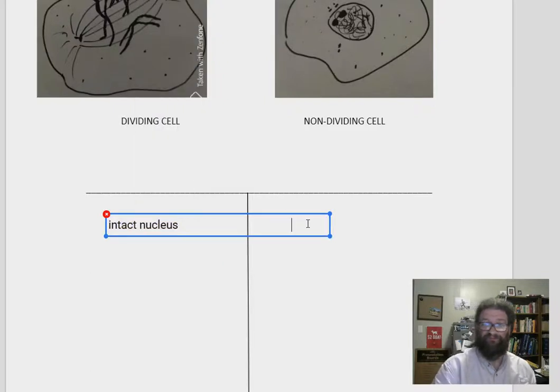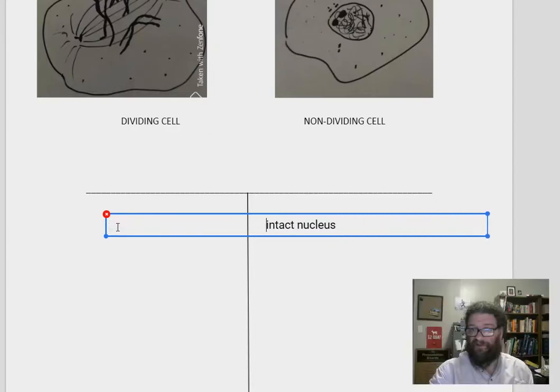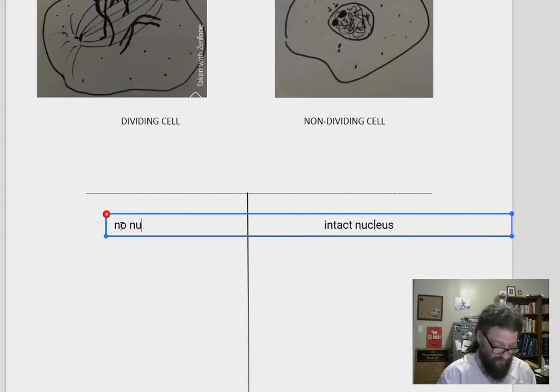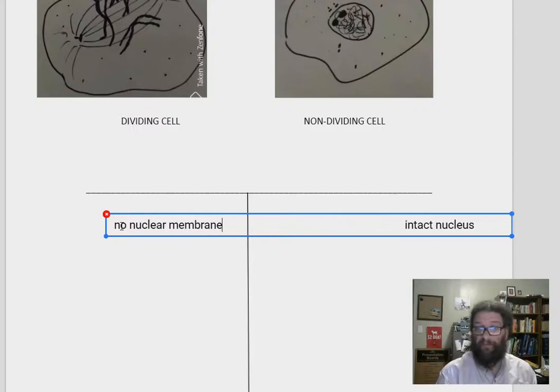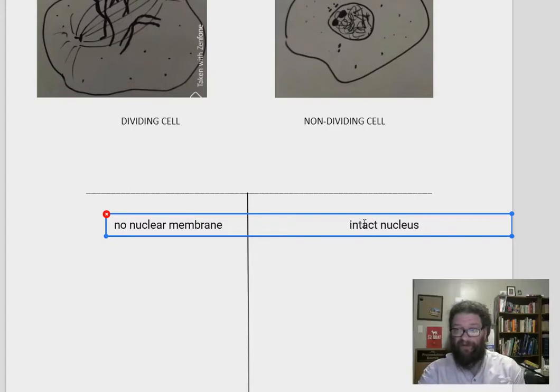Intact nucleus over here, and let's put the no nuclear membrane here. Now we gotta be careful. Back up. I'm new to this Kami thing. We're gonna get there. So nucleus present, no nucleus visible.